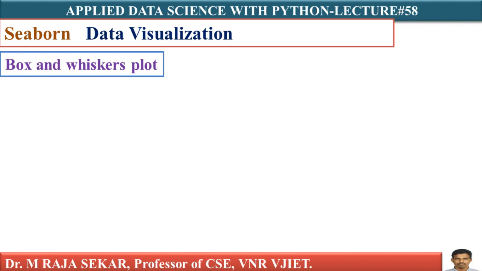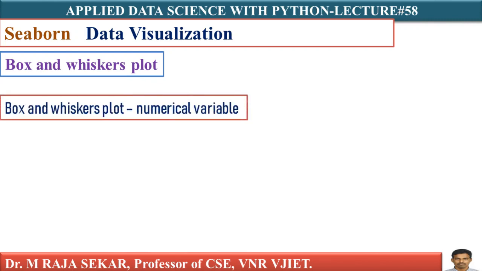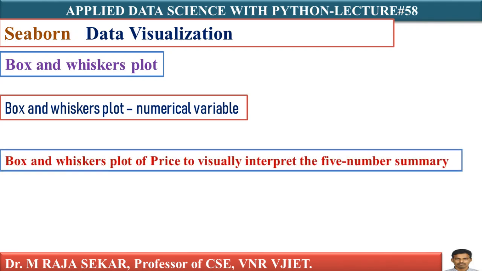Let me proceed further. A box plot is based on the 5-number summary. The 5-number summary includes min, max and 3 quartiles. Those are the first quartile, that is Q1, the second quartile, which is known as the median, and the third quartile, Q3.